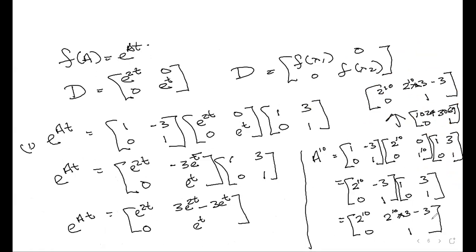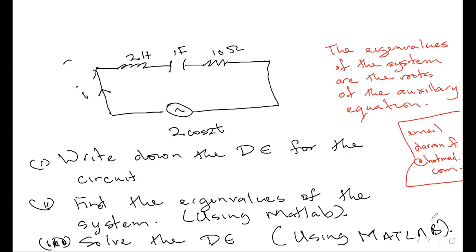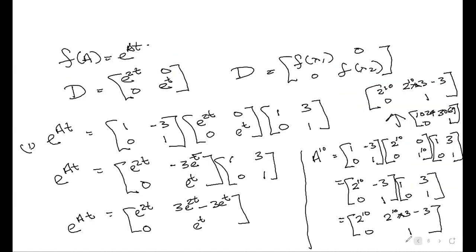Let me just put it over here. Sine A would be equal to the matrix with sine of 1, negative 3, 0, 1.